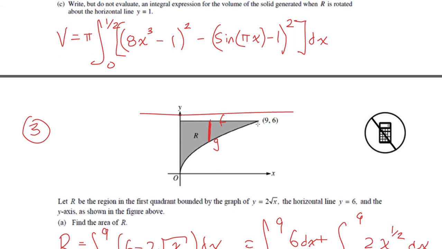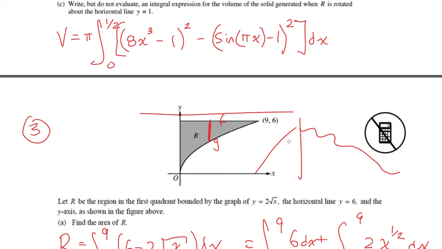Sometimes it is plus because the cross-section here is generated by this length. This length here is f minus g. Do we all see why that length is f minus g? But then when would you ever add them? The only time that you add them is when you have a function there and some function over there, if you have to divide it into two parts.